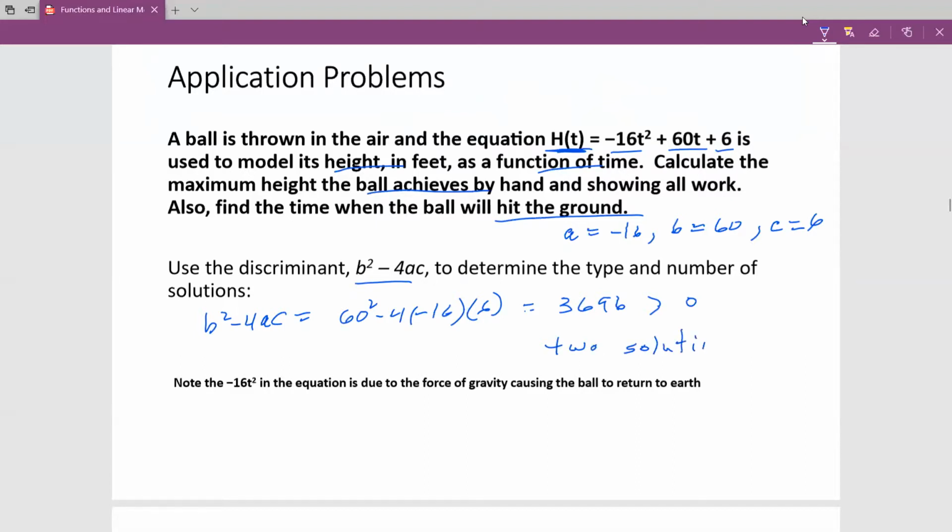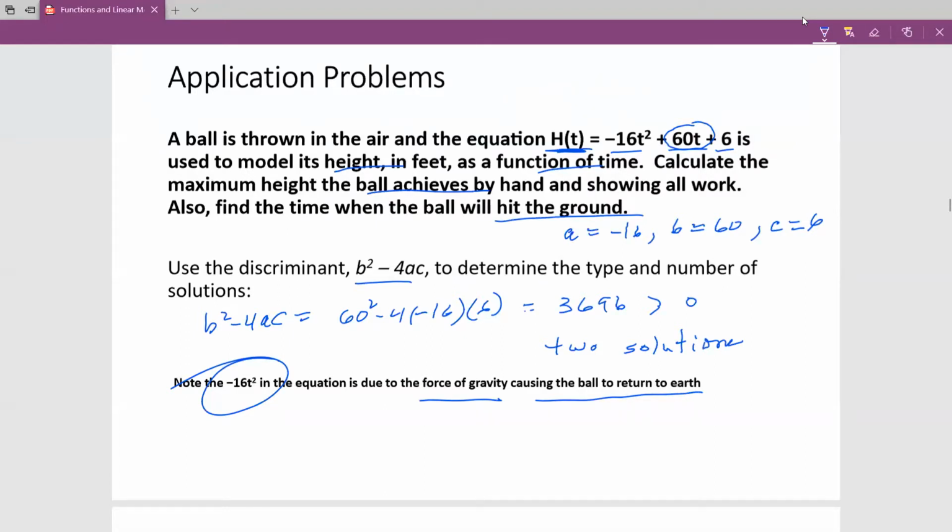I want to point out here that the minus 16t squared in the equation is due to the force of gravity, which comes from physics, causing the ball to return to Earth. Now, the 60 comes out because the ball is thrown up at a speed of 60 feet per second.